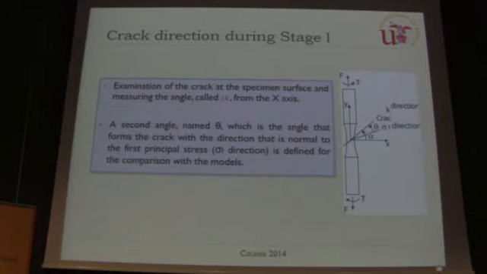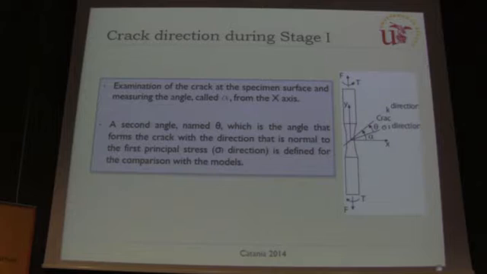So the main objective of the work is the crack direction during the initiation. In the plot we show how we are going to measure this direction with an angle called alpha, which is the angle of the crack direction related to the horizontal axis x, which is in the cross section, while the y-axis is along the longitudinal direction of the specimen.